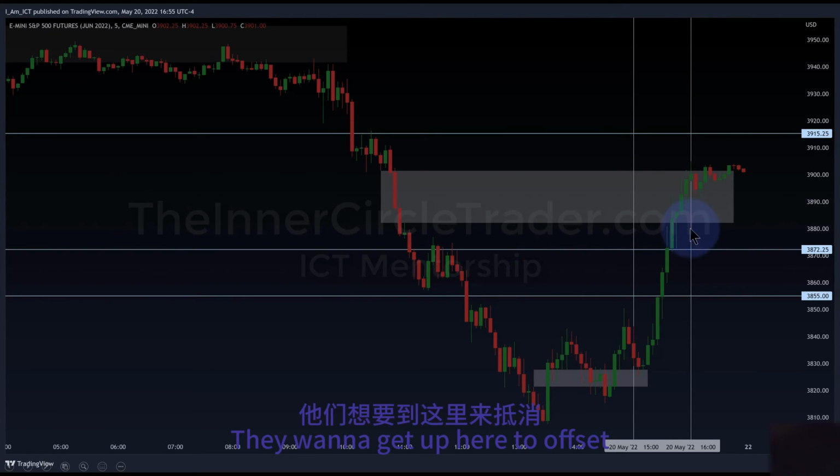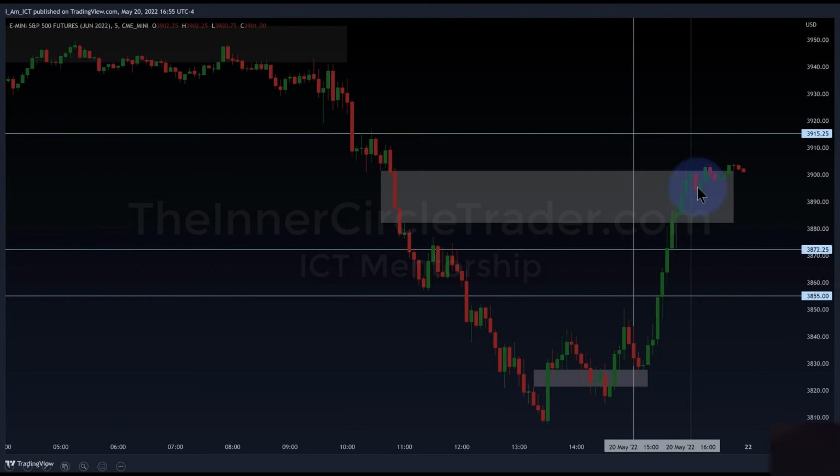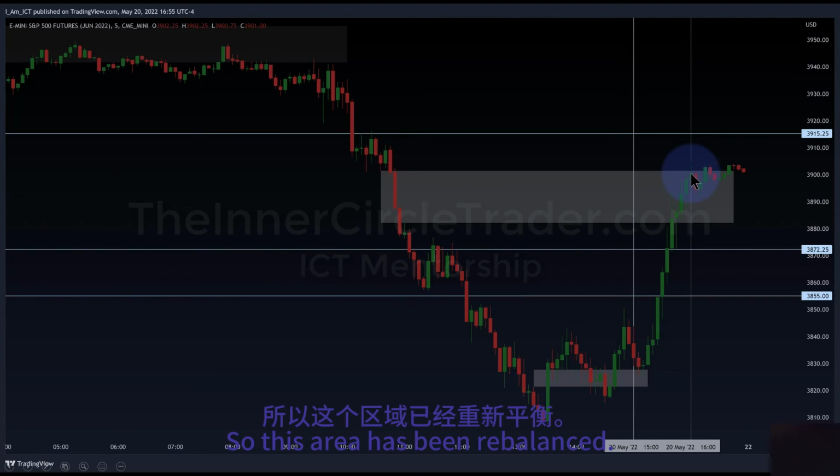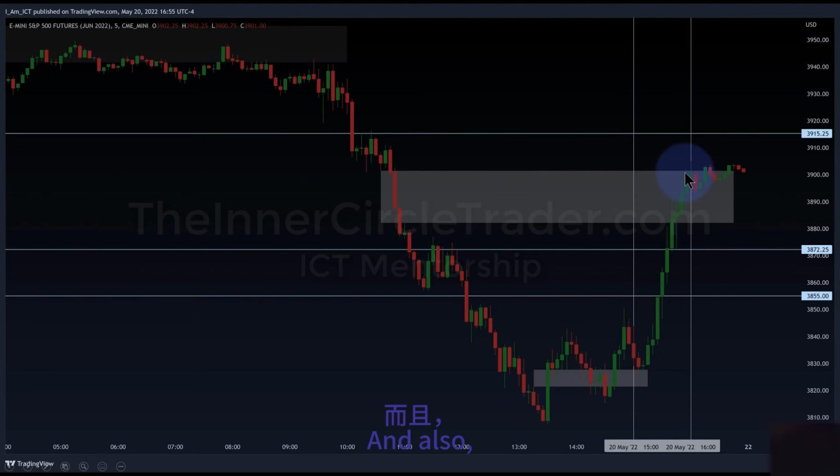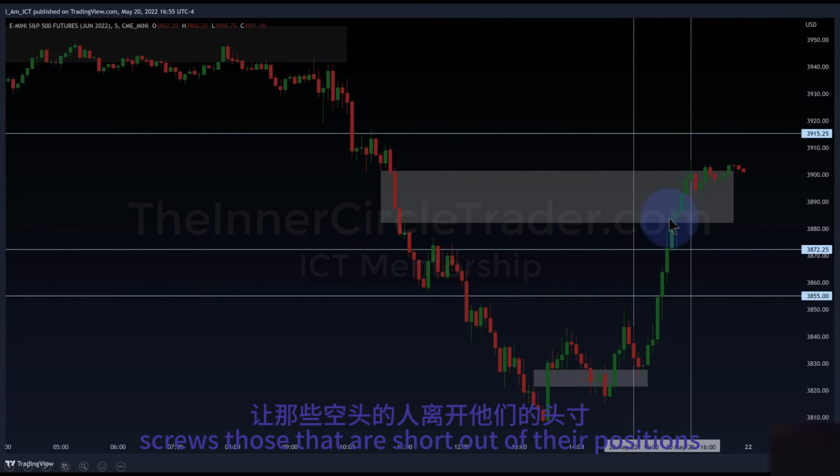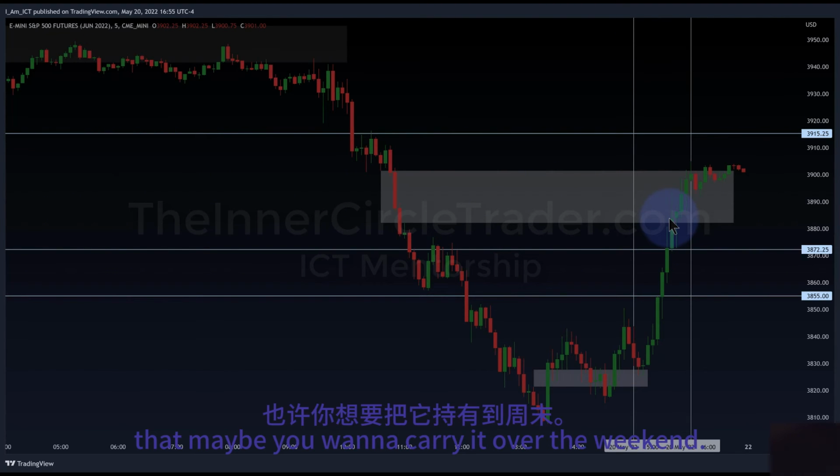They want to get up here to offset their longs from down here. They want to sell it up here. They're offering, obviously, the rebalance of the sell side. Now buy side's offered. So this area has been rebalanced. And it also, for lack of a better word, screws those that are short out of their positions that maybe want to carry it over the weekend.